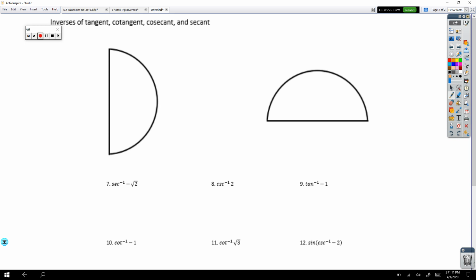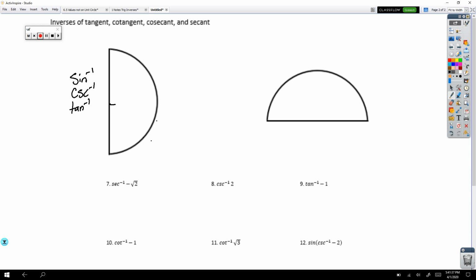So the vertical half circle went with sine inverse. Now, if it goes with sine, it's safe to assume that it's going to also go with its reciprocal. So this half circle also works for cosecant inverse. And it happens to also work for tangent inverse.